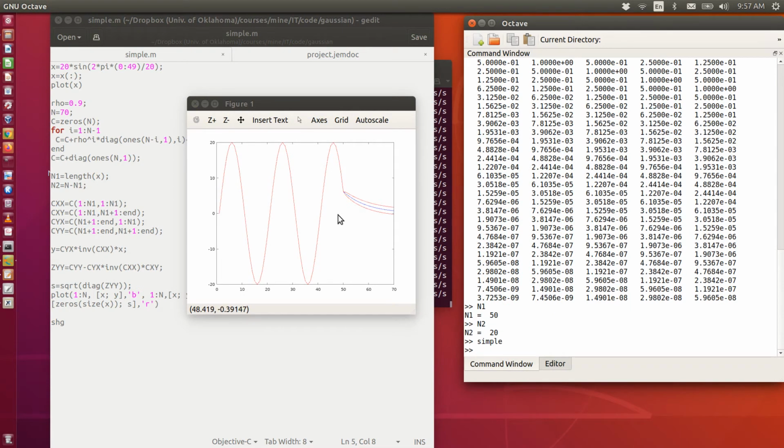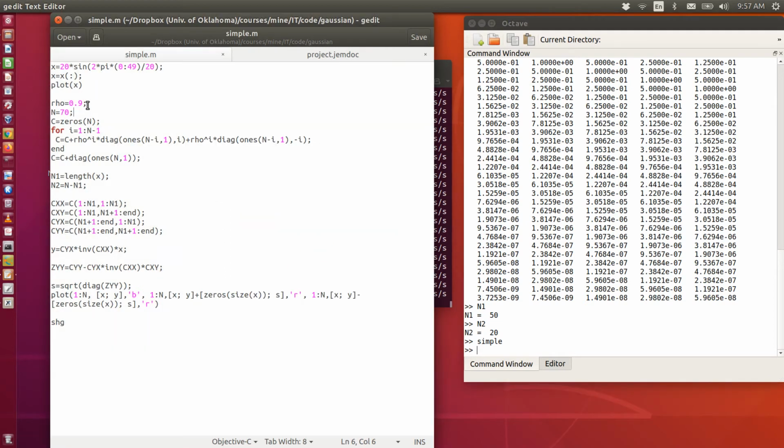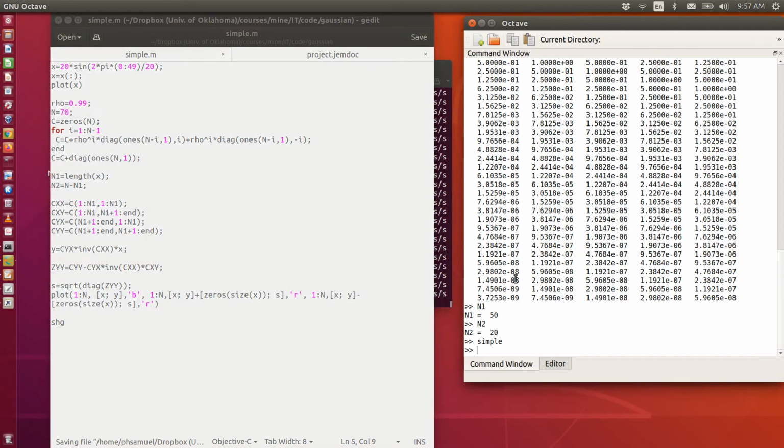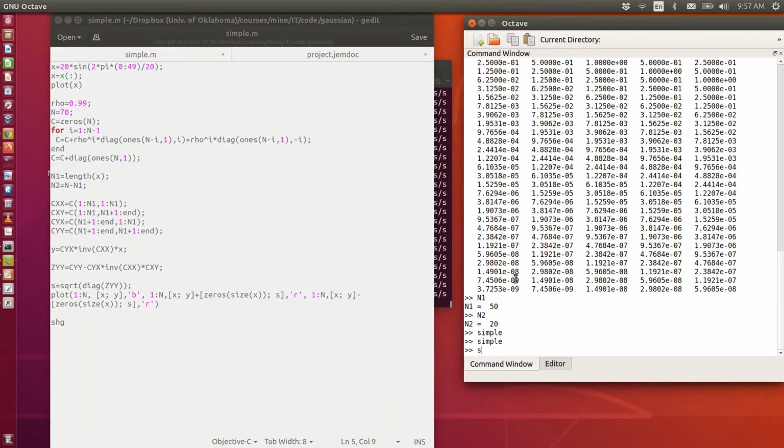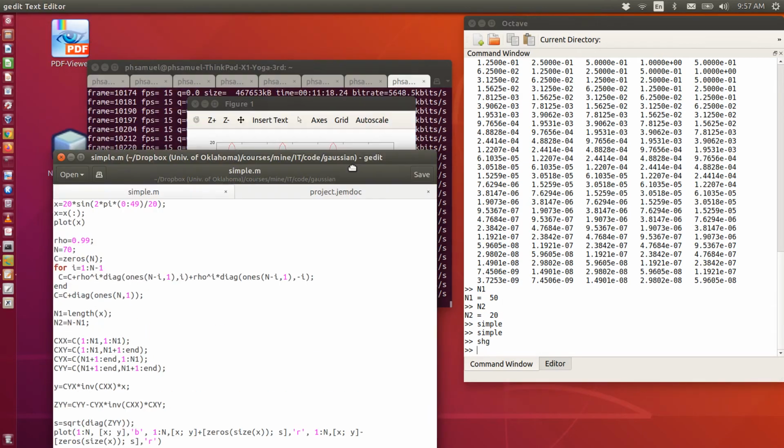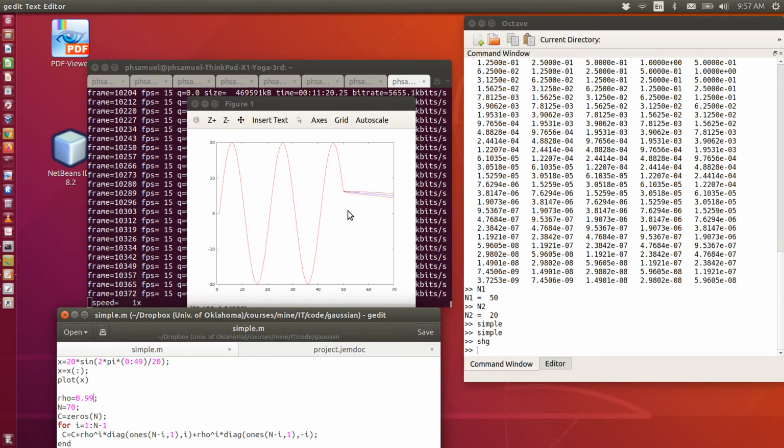Sticky in the sense that this sample here has more effect, so it decays slower. Maybe I can even try a smaller rho here. Let's see. Yeah, so this decays even slower.